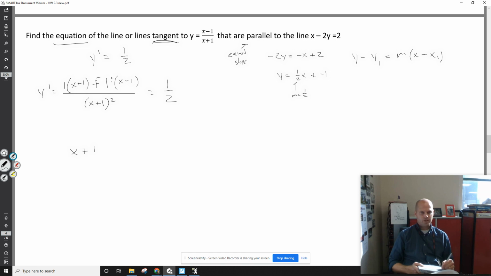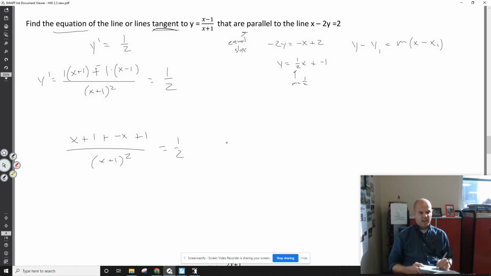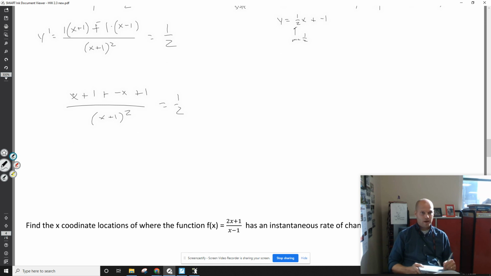I'm going to turn this into a negative 1, so when I distribute, I don't make mistakes. This is a common thing with the quotient rule. People make mistakes with distributing the minus sign. This is a minus x, but this is a positive 1. That leaves me with no x's in the top, but a 2 over x plus 1 squared equal to 1/2.